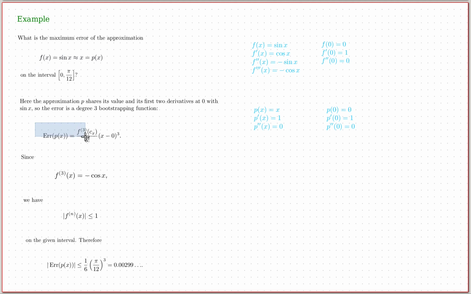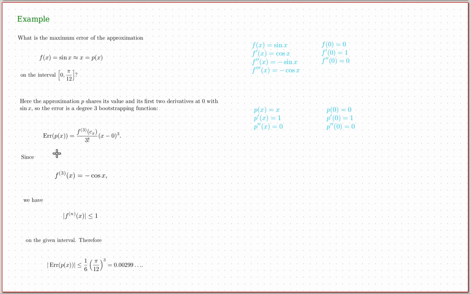So the error in the approximation given by p is going to be the third derivative of f evaluated at some point c between 0 and x, right, which in our case, we're looking at the interval from 0 to pi over 12. So c has got to be in that interval between 0 and pi over 12, divided by 3 factorial, times x minus 0 cubed. Notice that in this case, we're taking a to be 0, right? Our base point, our center point is 0.